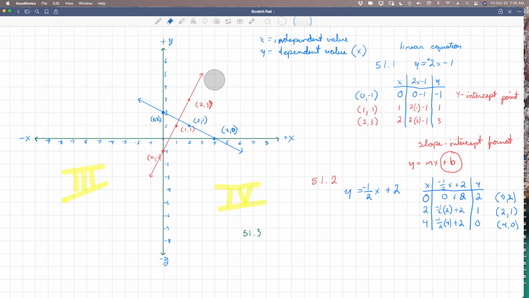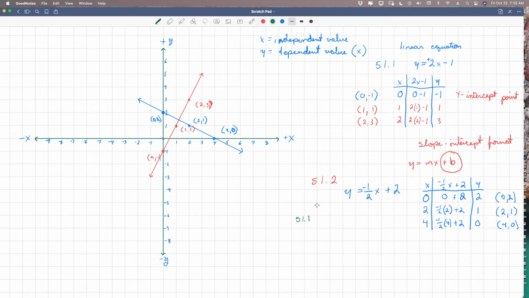I'm going to take them out now because they're a little bit distracting. There we go. Actually, I think I'm going to do it a little bit higher. Yeah, let's do it right here.